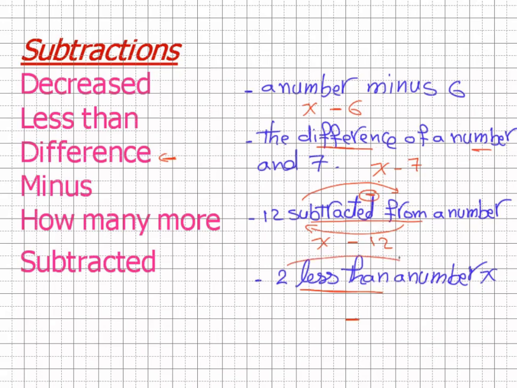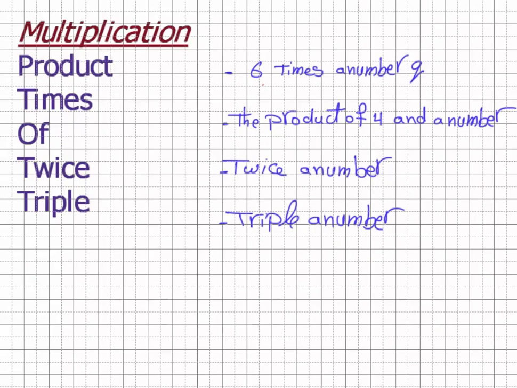The first goes to the back and the back becomes the first. It will become x minus 2, not 2 minus x. 2 minus x is wrong. It's x minus 2.